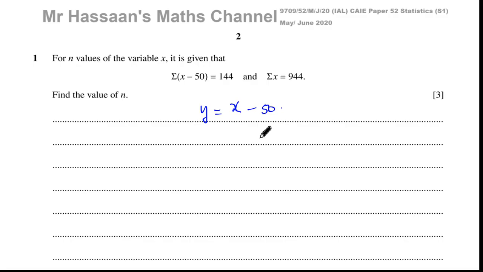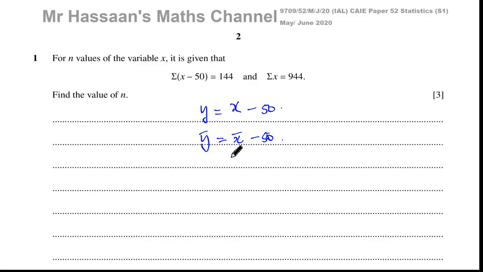So what we have to understand here is that the coded mean will be the actual mean minus 50. And the coded mean, as we know, the mean of data is the sum of those values divided by the number of values.